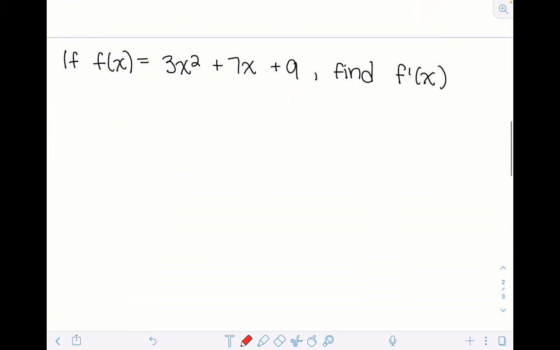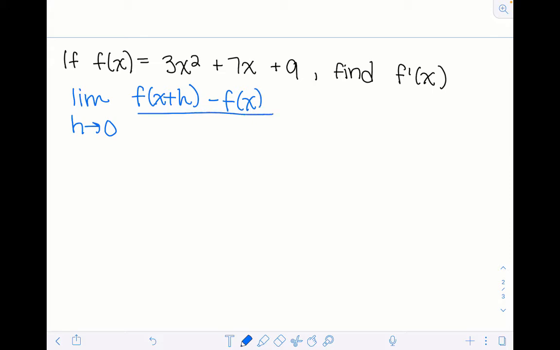Okay, let's say we have the function f of x is equal to 3x squared plus 7x plus 9, and we want to find the derivative. I'm going to use the definition. Okay, so to plug everything in, you could plug it in pieces.